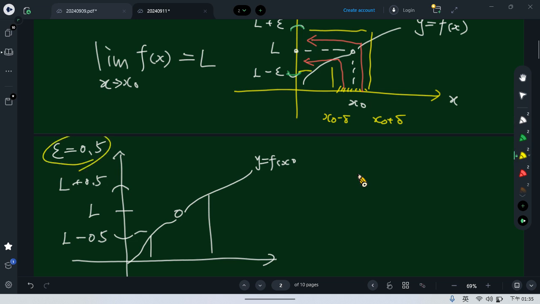I already gave you epsilon, so I can give you a delta like 0.5.